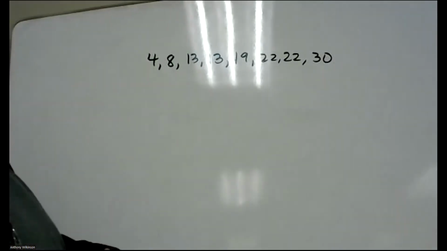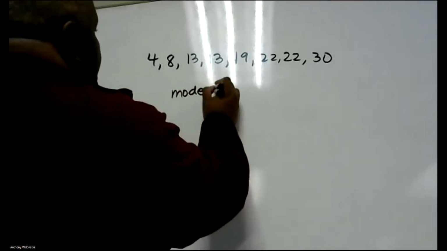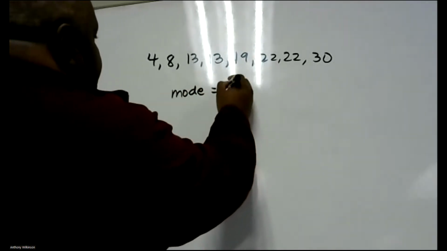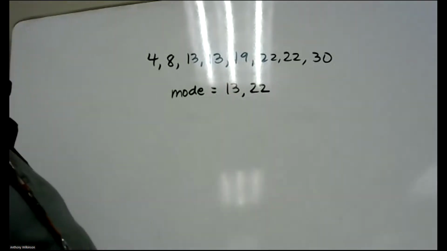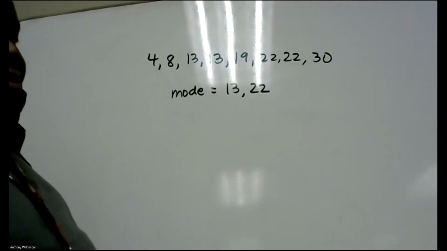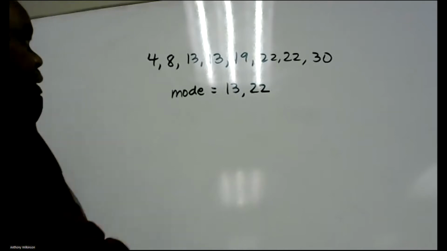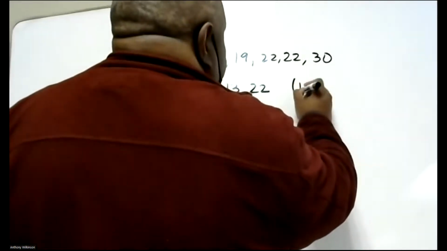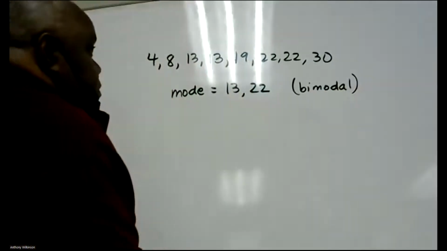This is just a data set. If I want to identify the mode, there are 2 of them: 13 and 22. Because 13 appears twice in that data set, and so does 22. So it is possible to have more than one mode. And in this case, since we have 2 modes, we consider that to be bimodal.